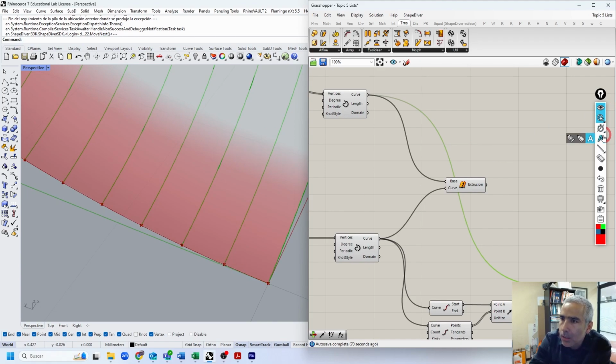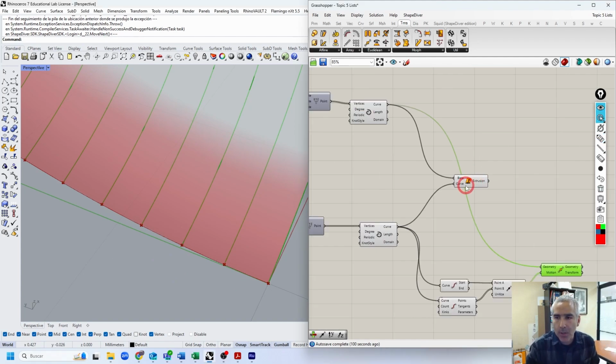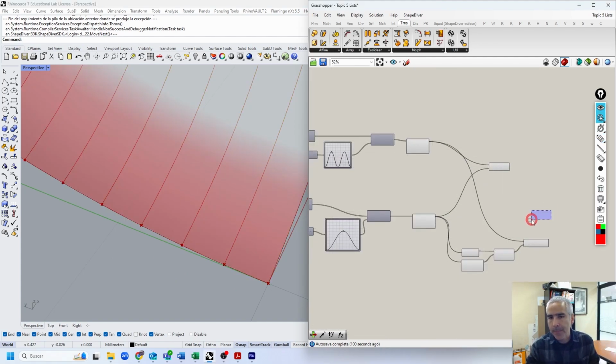If it's 100 points and the curve is reparametrized, like we saw, this will be parameter t equals 0.01. This will be parameter t equals 0.02, etc. So you have a bunch of curves along other curves, and that's how you construct surfaces in Grasshopper. That's what's going on in here as well.